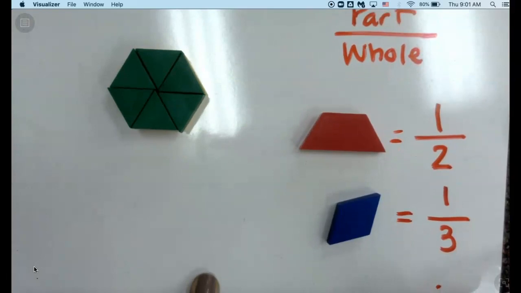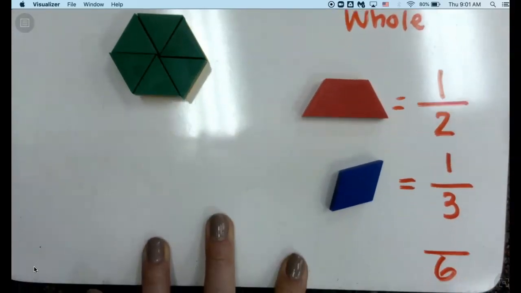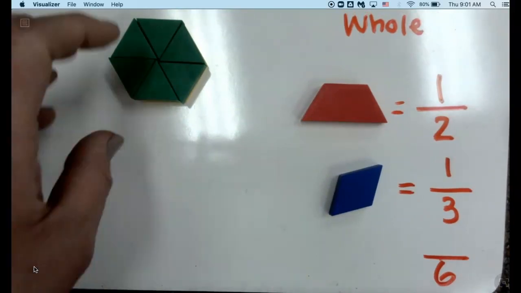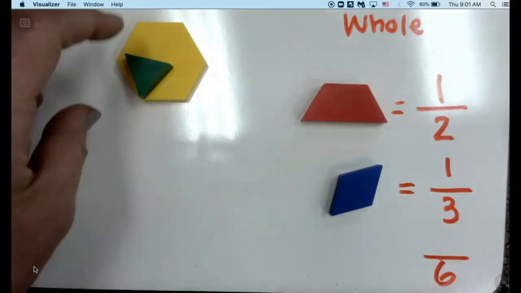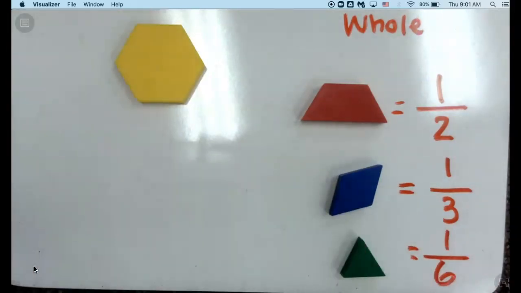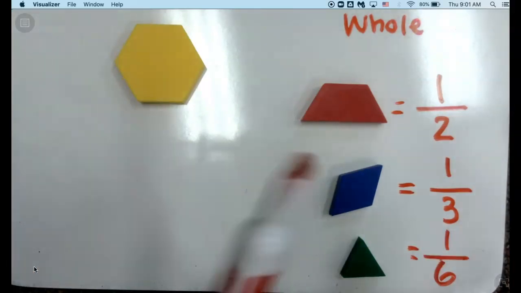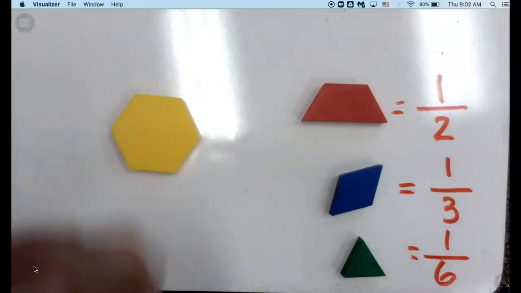So there we go. 6 fill up the entire shape, right? And so one of them would be 1 of the 6, or 1/6, right?